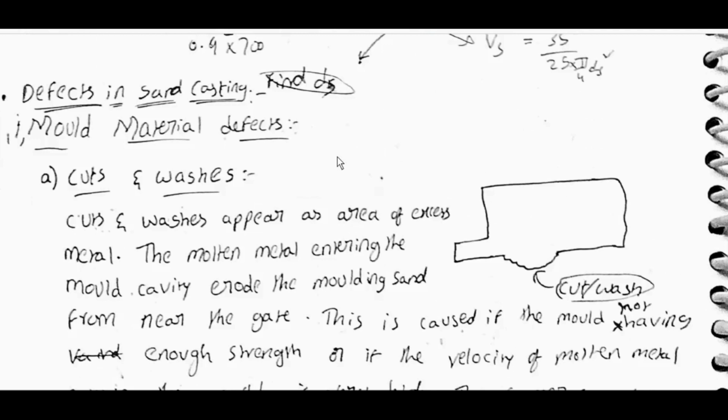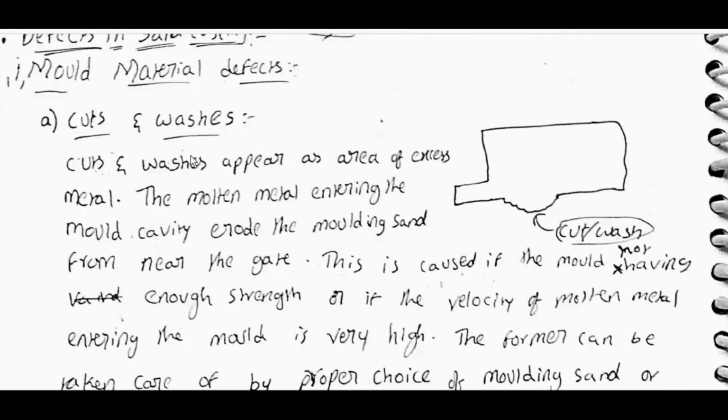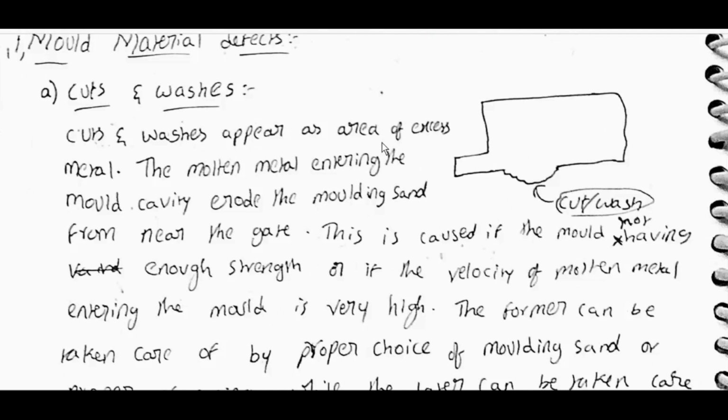Defects in sand casting: mold material defects. Cuts and washes appear as areas of excess metal. The molten metal entering the mold cavity erodes the molding sand from near the gate.